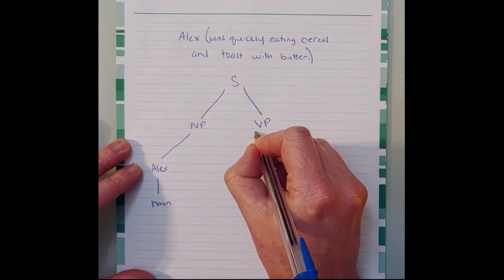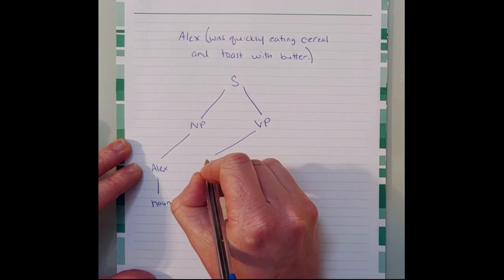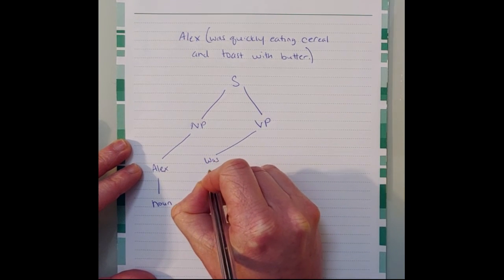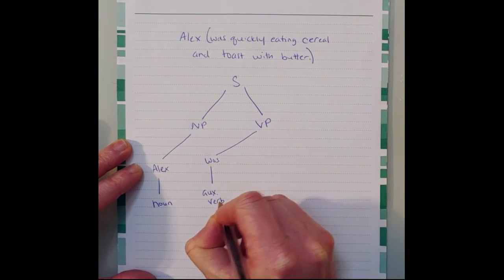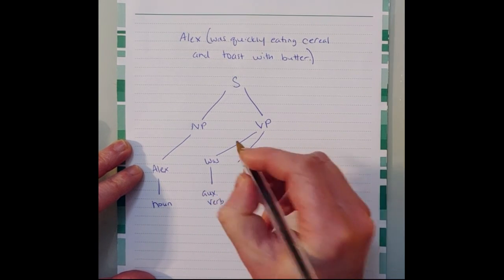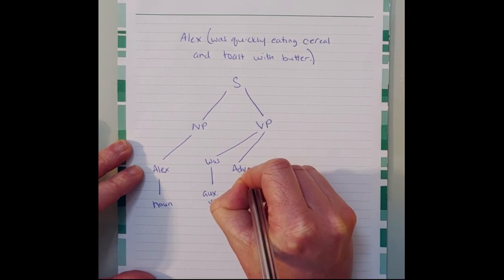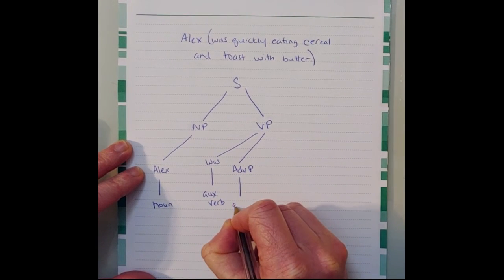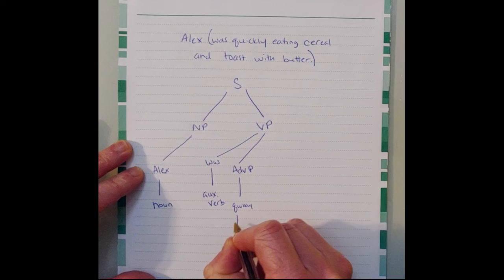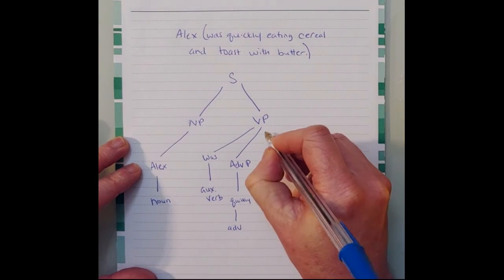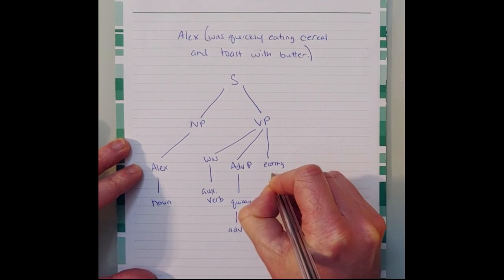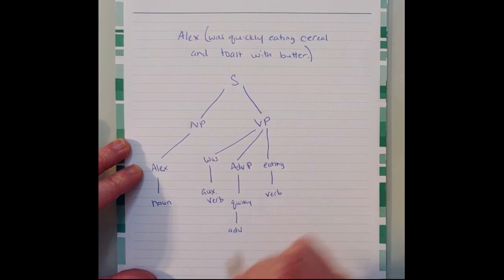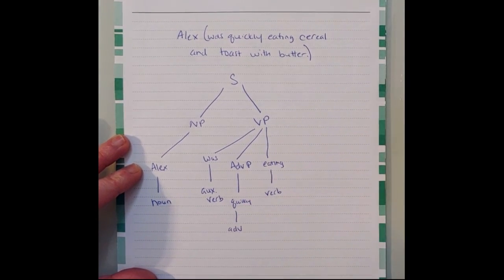Okay, so we're going to go over here, and we have was, which is an auxiliary verb. Okay, quickly, which is an adverb phrase. We have quickly, which is an adverb, okay? And then we have eating, which is a verb. No problem, right?